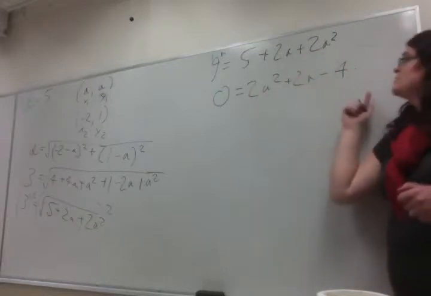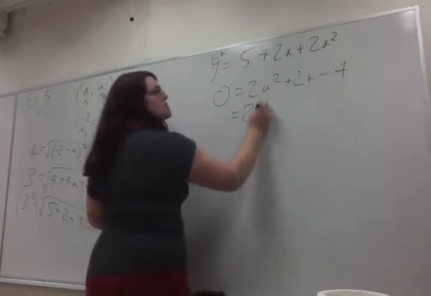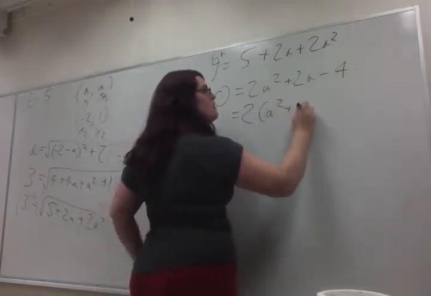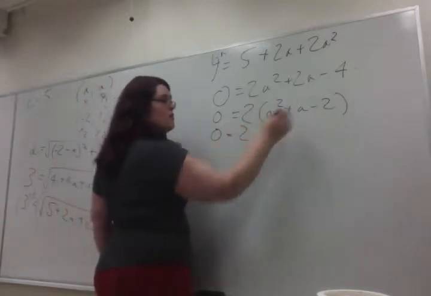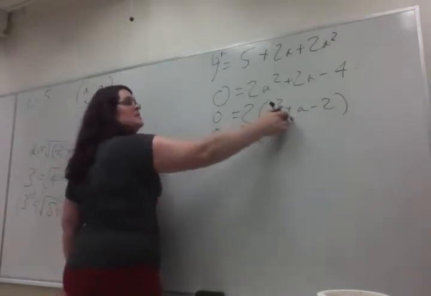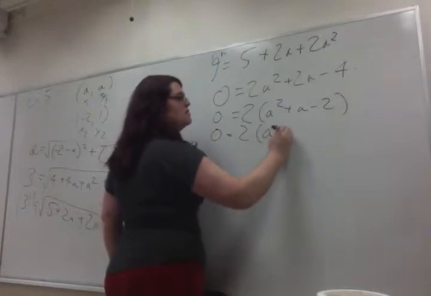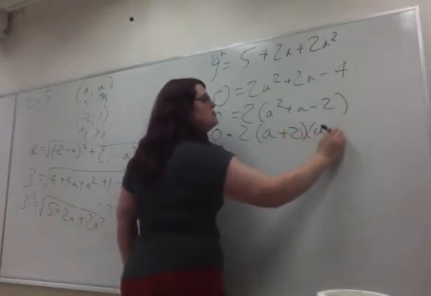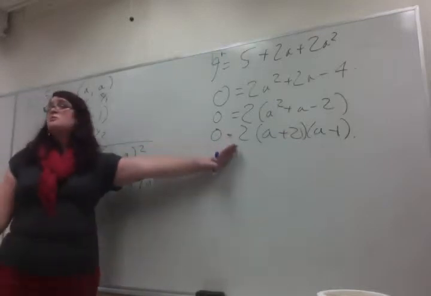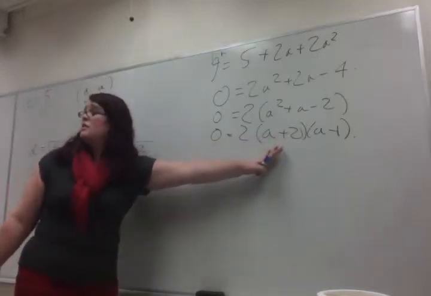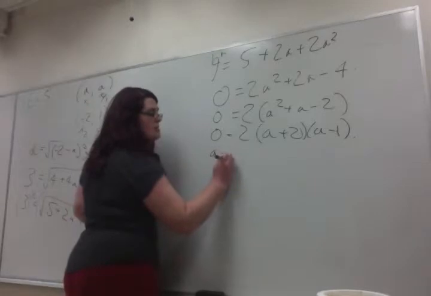Here I'm going to try to factor this thing. The first thing I can do in factoring is pull out a common factor of 2. Then I want to factor this. I want two numbers that add to give you +1 and multiply to give you -2. That's +2 and -1. So either the first thing is 0, but 2 is never 0. If the second thing is 0, that happens when a is -2.